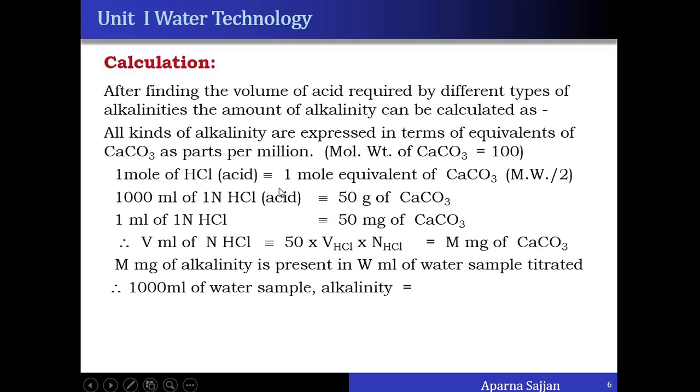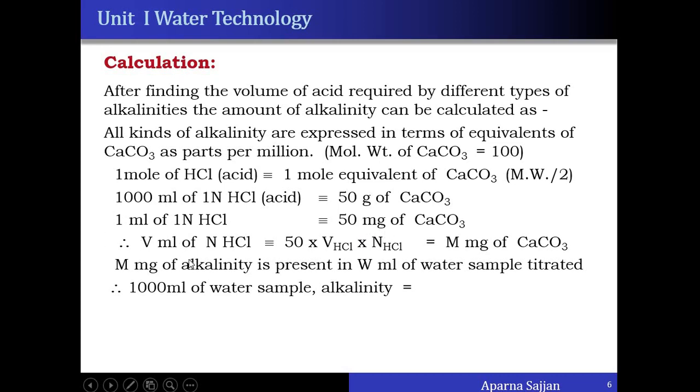So 1 mole of acid is equal to 1 mole equivalent of CaCO3, which comes to 1000 ml of 1N acid is equivalent to 50 grams of CaCO3. If we convert 1000 to 1, it comes to 50 divided by 1000 gram, or 50 milligrams of CaCO3.